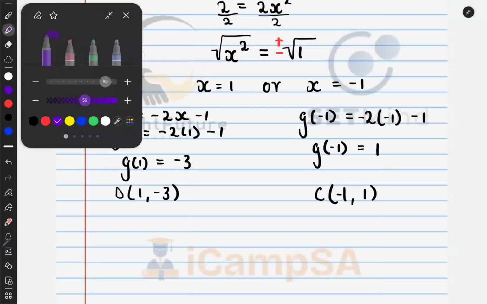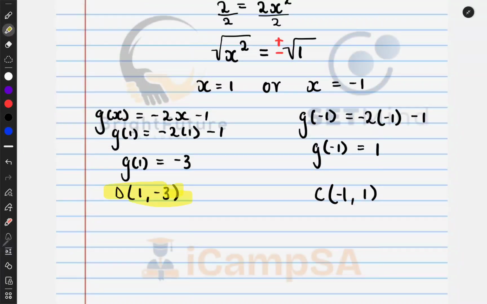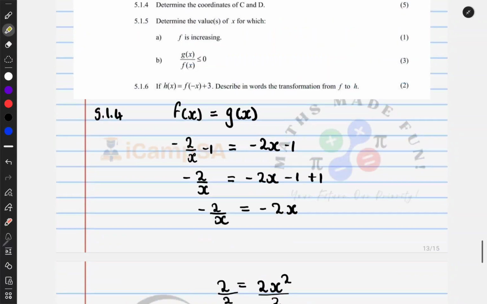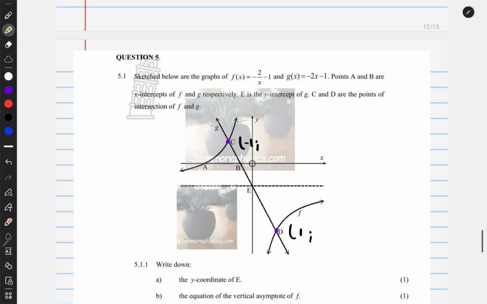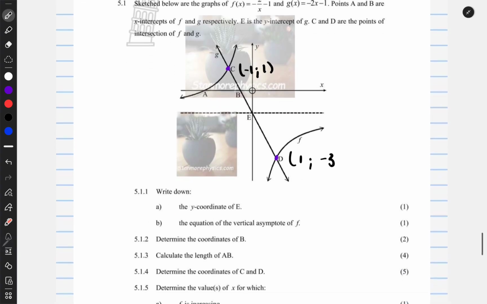Those are the coordinates of D and C. For completeness, let's also write here D is 1 and negative 3. And there you have it.